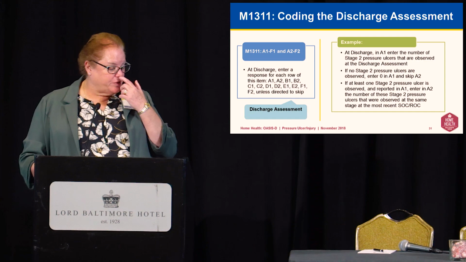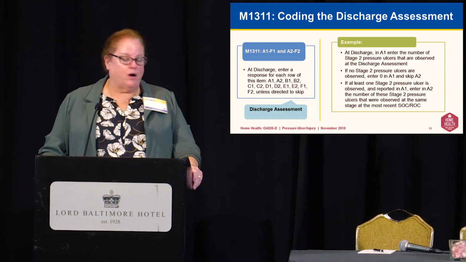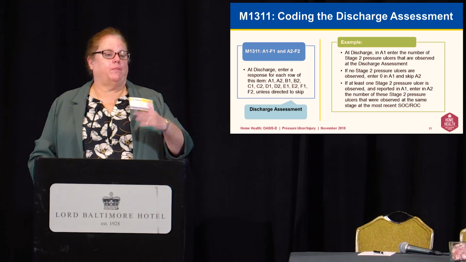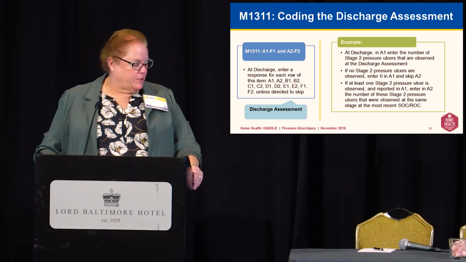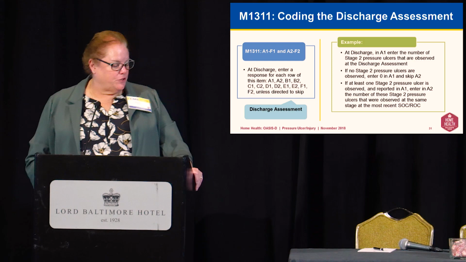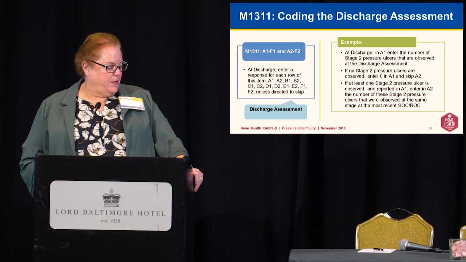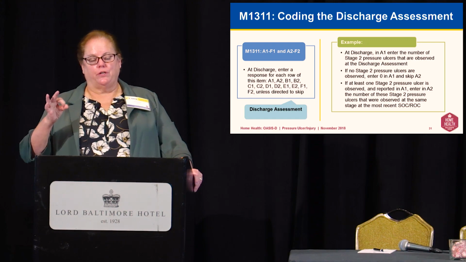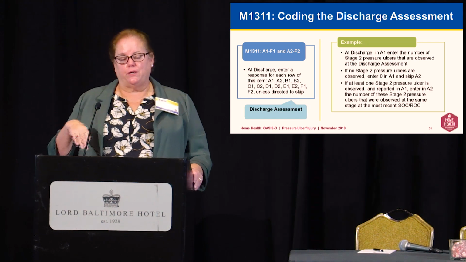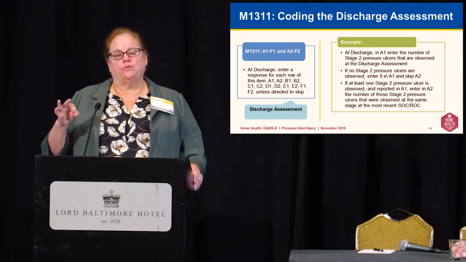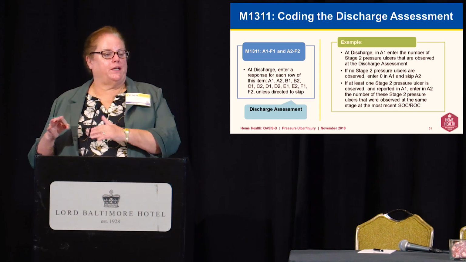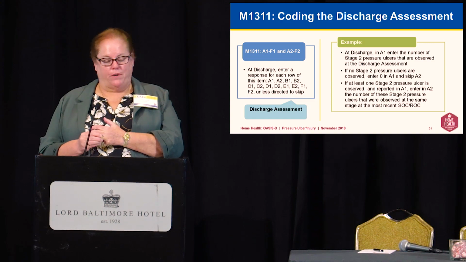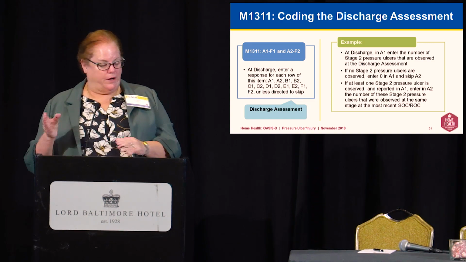So for the discharge assessment, we have A1 through F1 and A2 through F2, which is of those, how many were present upon admission. So at discharge, enter the responses for each of the rows, unless directed to skip. For example, if I have 0 stage 2s on discharge, I'm going to skip that next question that says, of these stage 2s, how many were present upon the start of care?